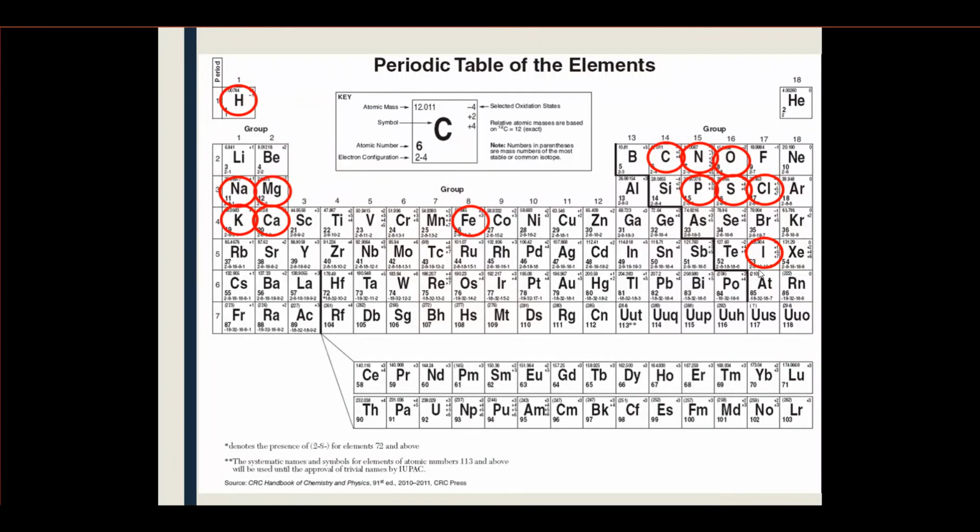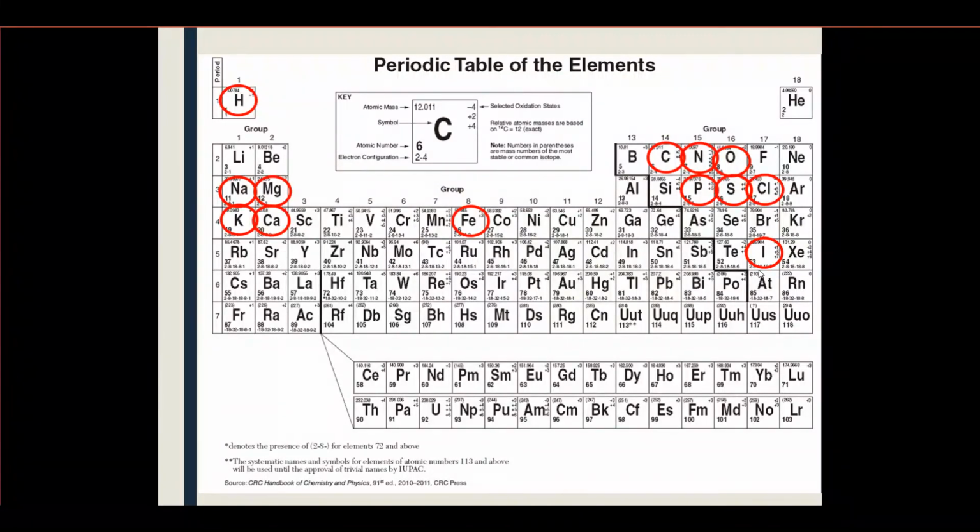Just so you know, there are a number of trace elements. You don't have to highlight these, but these are trace elements that we found in minimal amounts in the body. And I just want to kind of impress upon some of them. We have silicon, fluorine, copper, selenium, aluminum, tin.